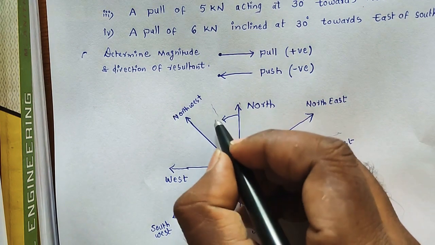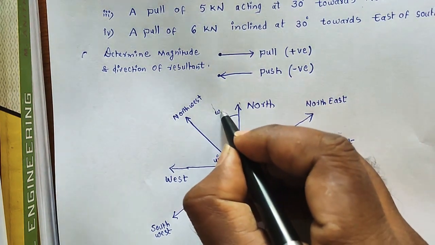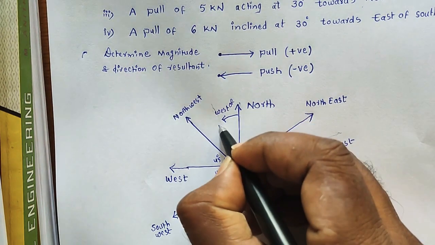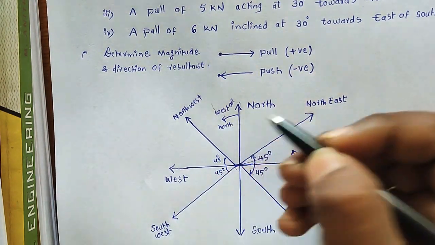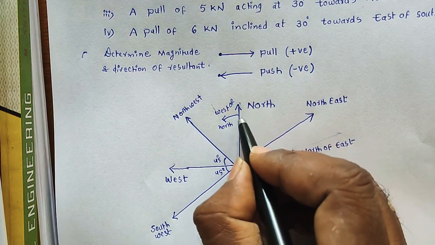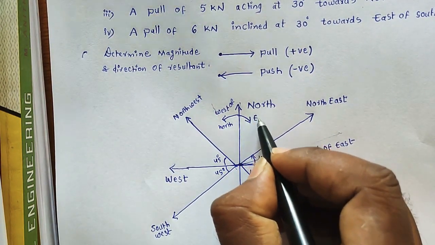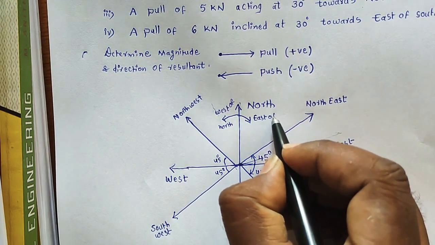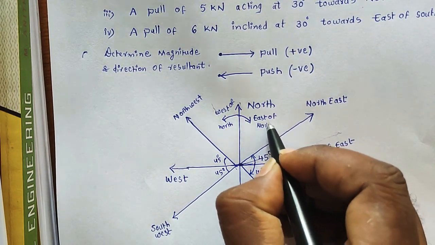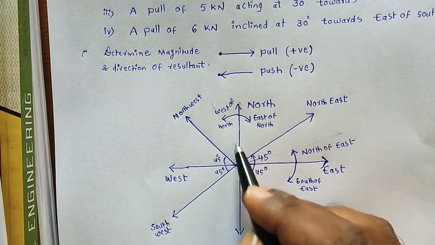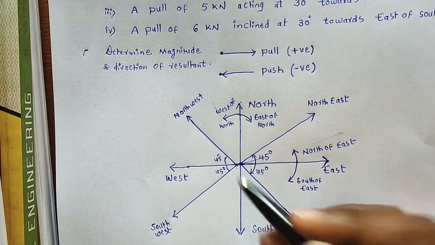So west of north. So this direction indicates west of north. So this direction indicates east of north. So you are moving from north to east. So this is north and this is east. So you are moving from north to east.